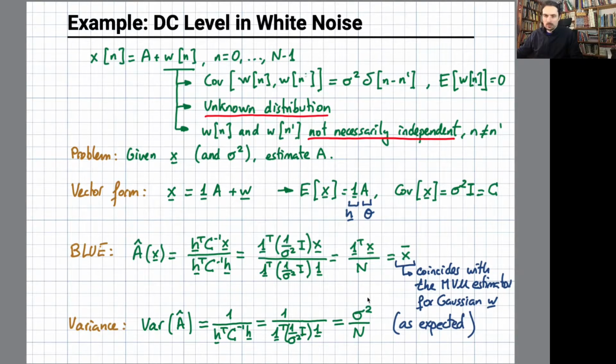Therefore, we just recover the same expression. Remember that this is also equal to 1 over the Fisher information, okay? Just remember that that is the case, because x bar in the Gaussian case was not only MVU but also efficient. Okay, just reviewing, connecting with the concepts from previous lectures.